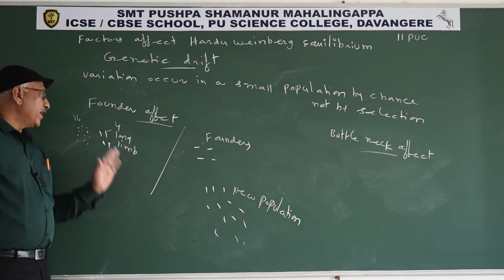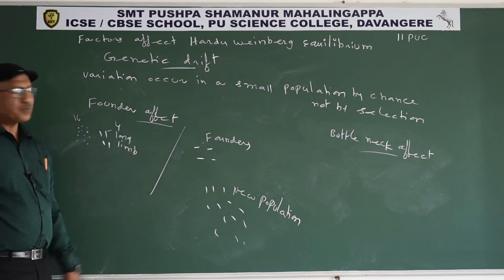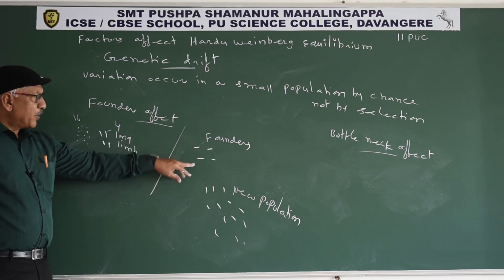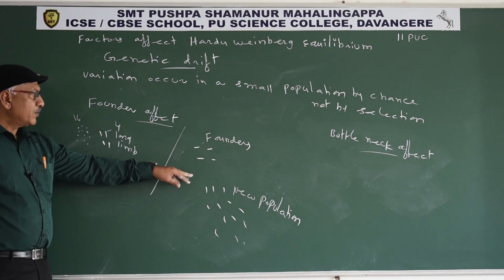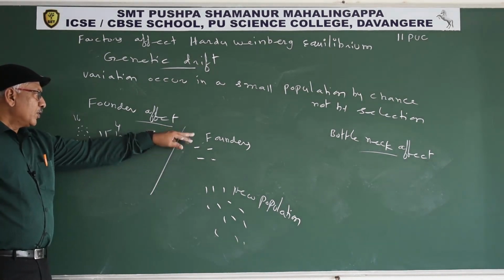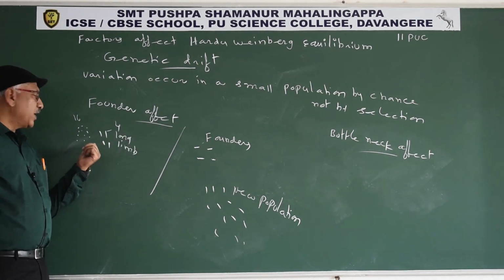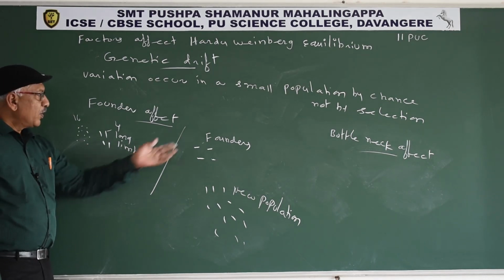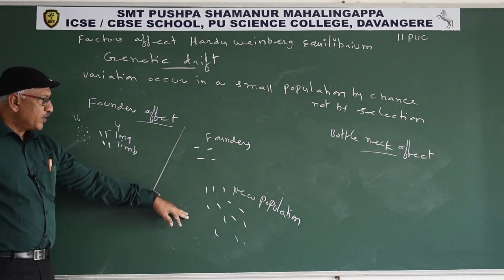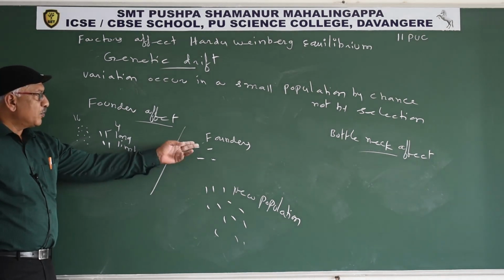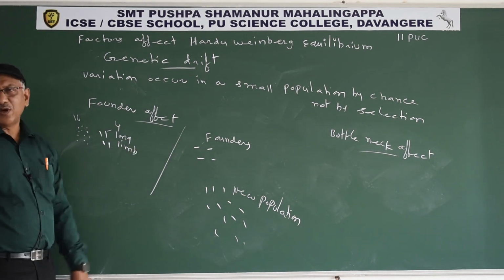So they migrated, means they drifted, moved away. They set up a colony. Now they are known as founders. The founders are geographically separated from the original population. From the founders, a new population evolved. The new population resembles the founders, not the original population.